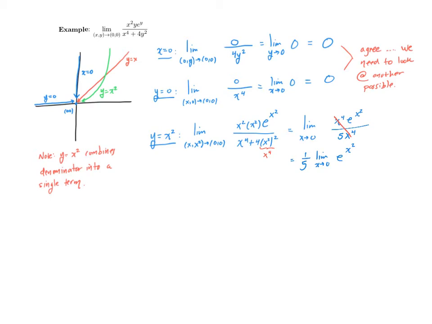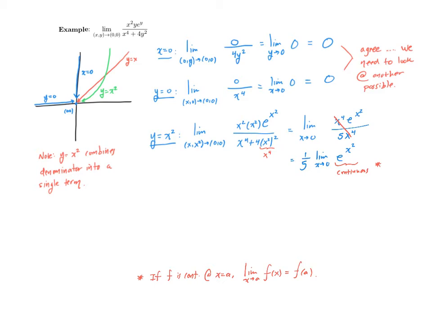And this is a point where we can get a nice reminder from Calculus 1. Note e to the x squared is a continuous function. And just to make the observation below here, if f is continuous at x equals a, this indicates that the limit as x approaches a of f of x is equal to f of a.